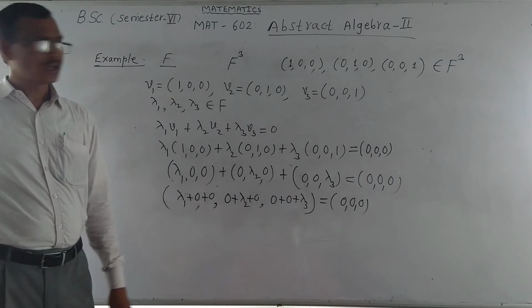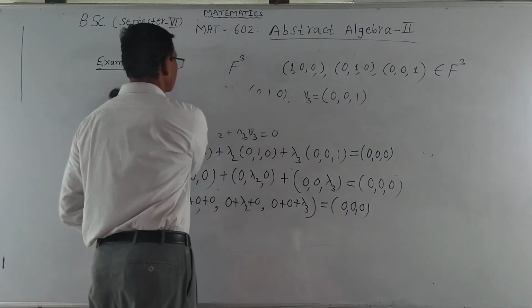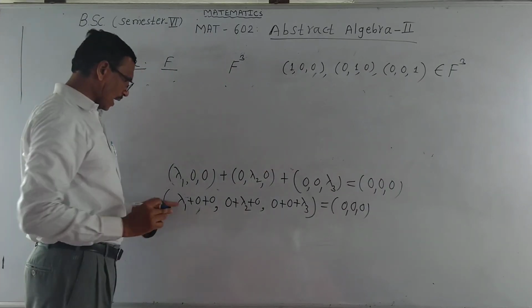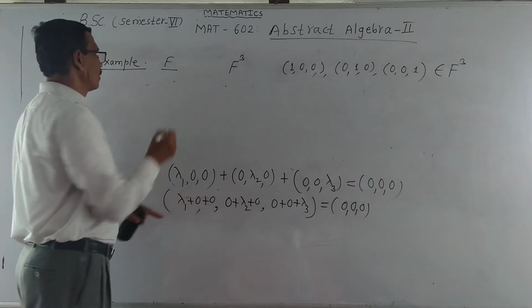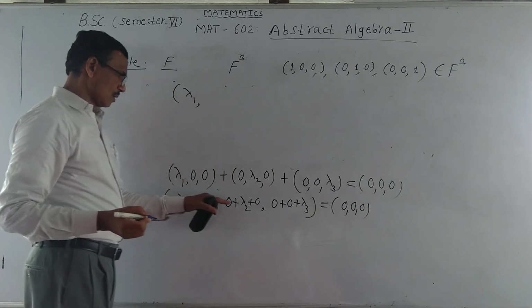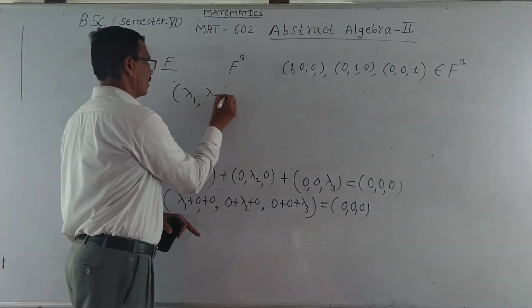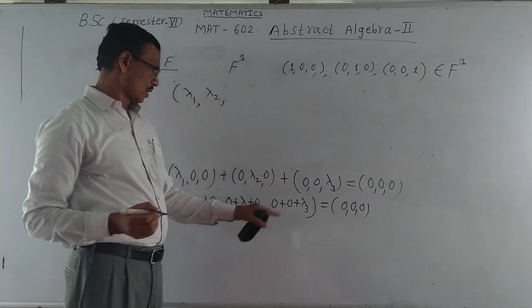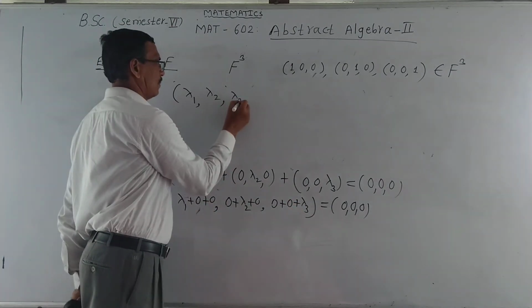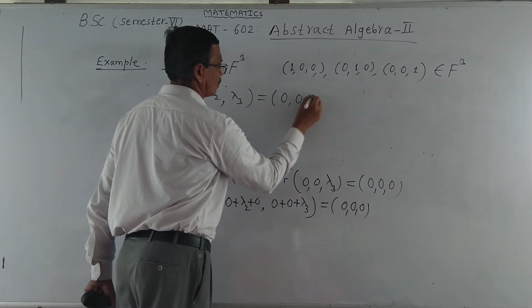Okay? Now lambda 1 plus 0 plus 0 is lambda 1, 0 plus lambda 2 plus 0 is lambda 2, 0 plus 0 plus lambda 3 is lambda 3, equals (0, 0, 0).